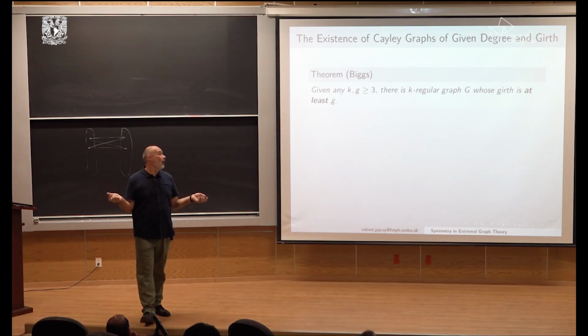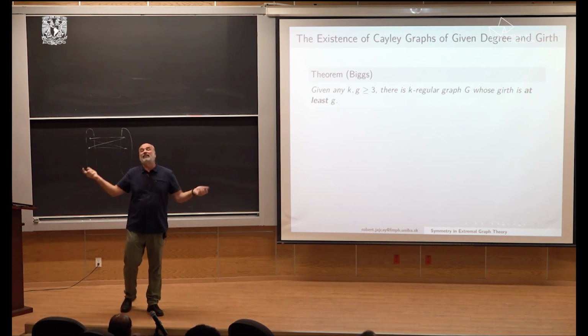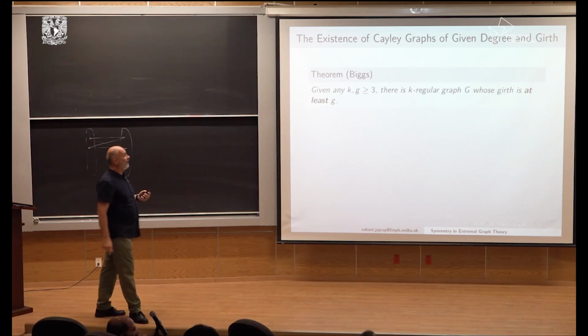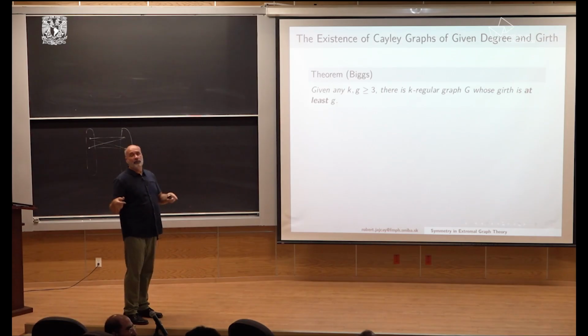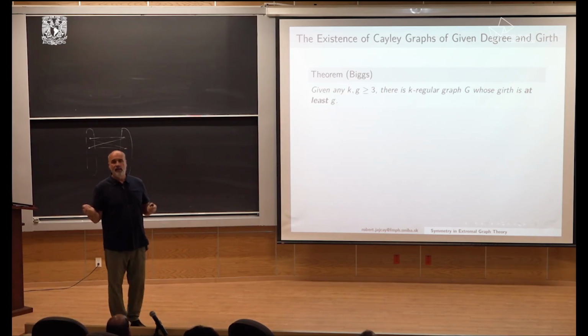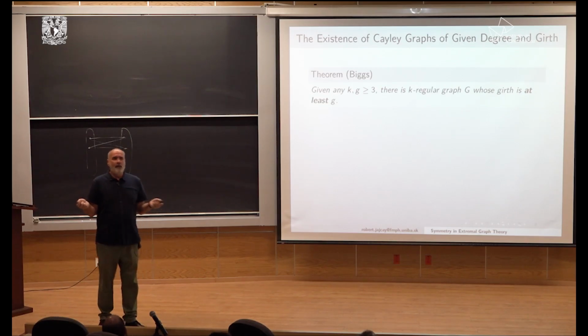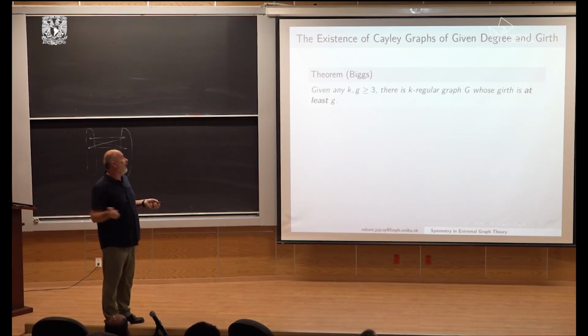Almost all graphs are asymmetric, so Cayley graphs are just an exception in some sense in the world of graphs. So does there exist for every k and every g a Cayley graph with this degree and this girth? That's the first question you ask, because if it doesn't, then it's not worth looking for the smallest one among Cayley graphs.